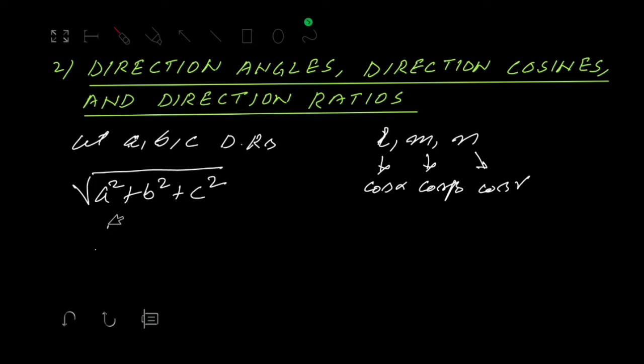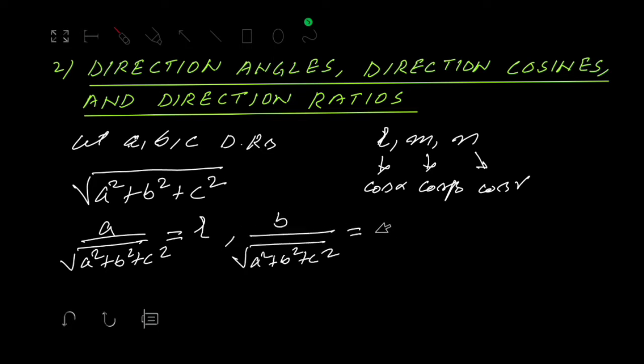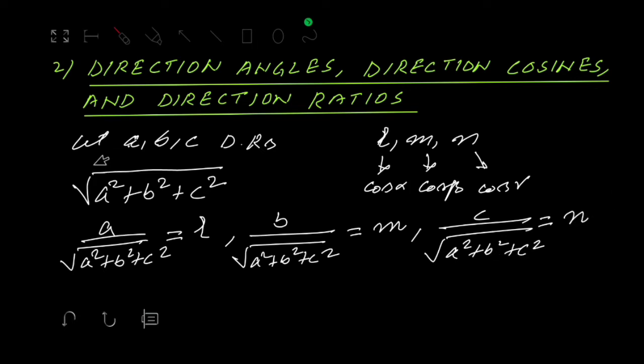So if we divide a by this expression, this is direction cosine l or cos alpha. And if we divide b by the same, it is the second direction cosine, that is m or cos beta. And if we divide the third direction ratio by the same expression, it turns out to be the third direction cosine, that is n or cos gamma. So this is the way to change direction ratios into direction cosines.